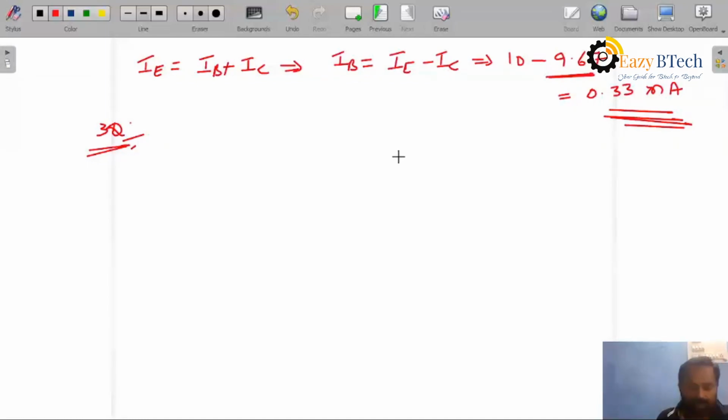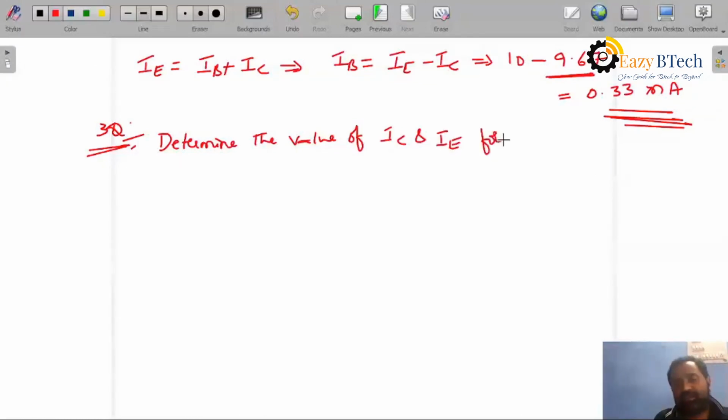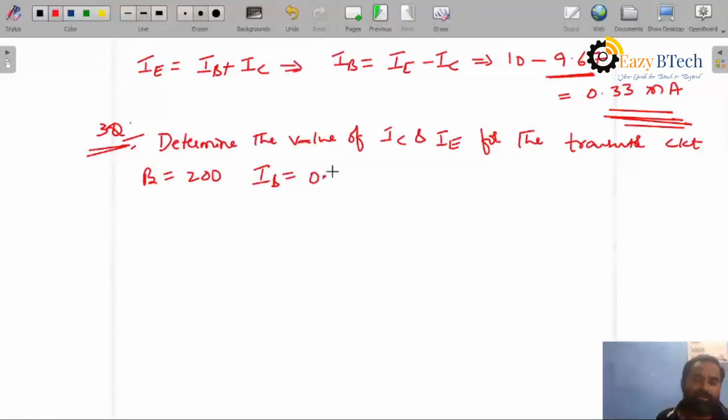Now, take the third question. Determine the value of IC and IE for the transistor circuit. Beta is equal to 200, IB is equal to 0.125 milliamperes.